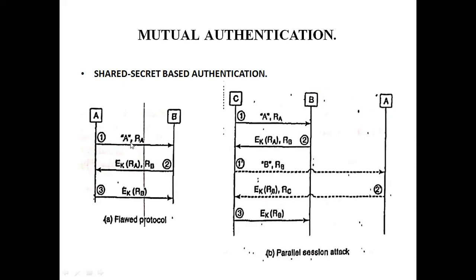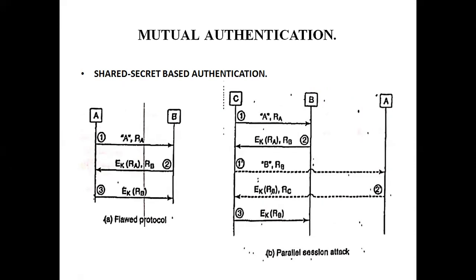its identity A along with nonce RA. This is A's nonce, which is sent to B. Now in message 2, B responds to the challenge by encrypting RA with the common secret key K that A and B share.